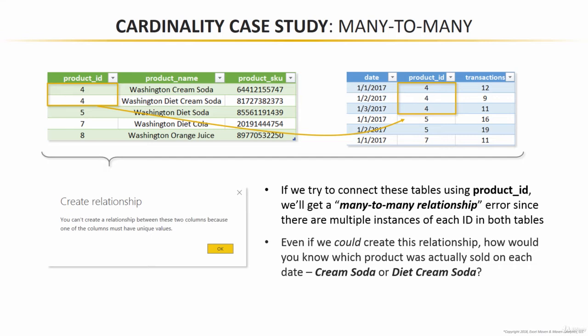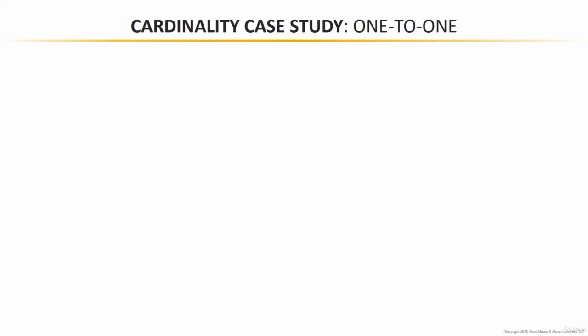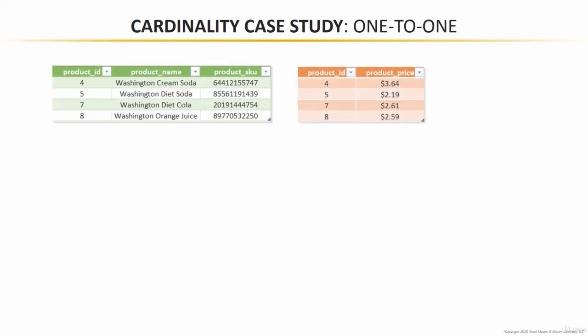Now let's move on to our second cardinality case study, one-to-one. Now compared to many-to-many, this one's not nearly as bad. In fact, you can create one-to-one relationships. They're just a little bit inefficient. So consider these two tables. You've got a product lookup on the left, just like we showed before, but without those duplicate ID number 4 rows.